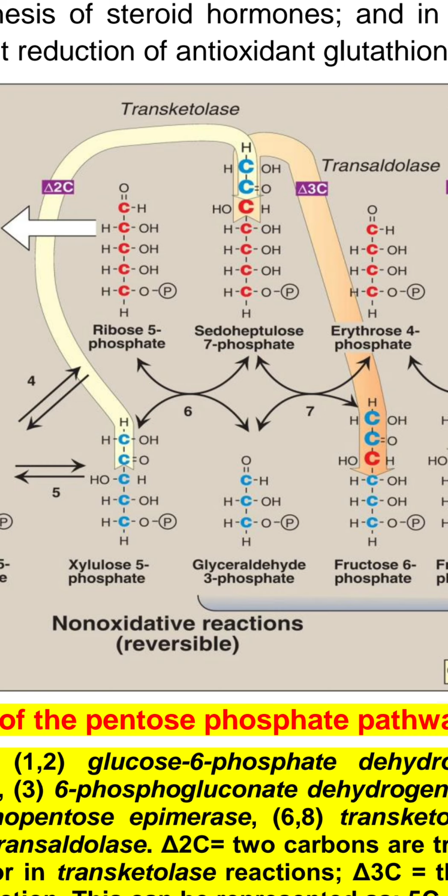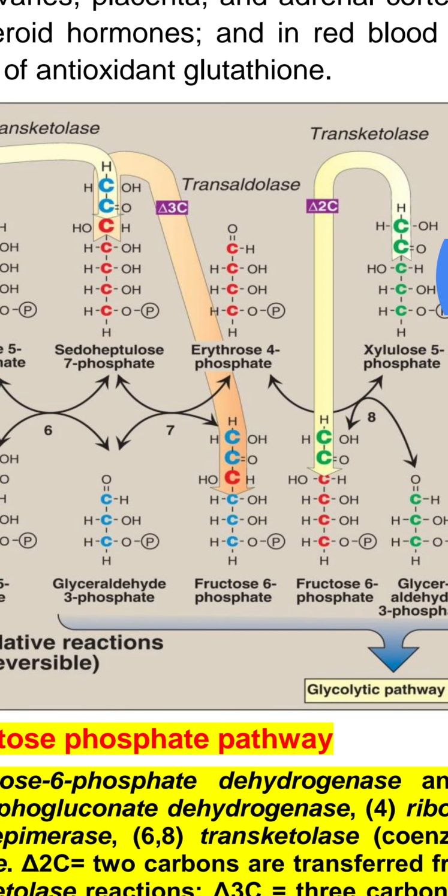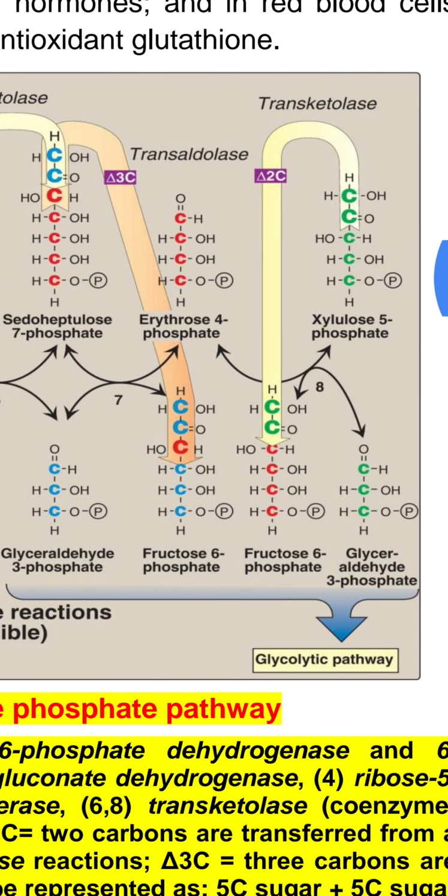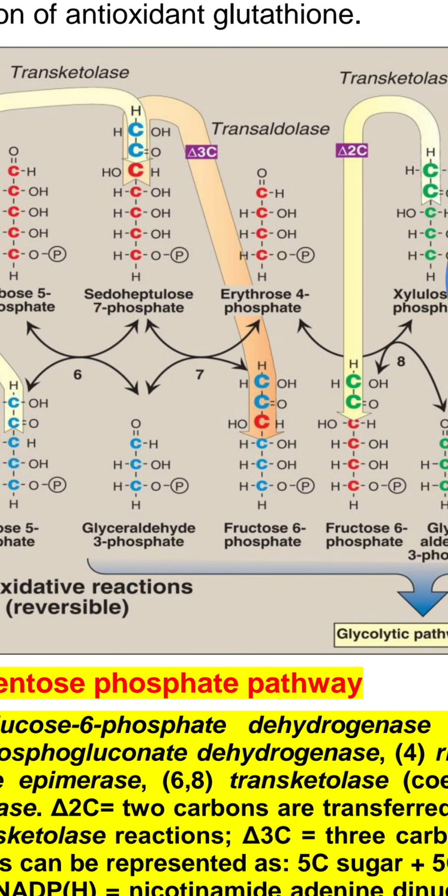You notice 5 carbon atoms, 7 carbon intermediate, 4 carbons, xylulose 5-phosphate, glyceraldehyde 3-phosphate, a 3 carbon intermediate, fructose 6-phosphate, okay, fructose 6-phosphate.